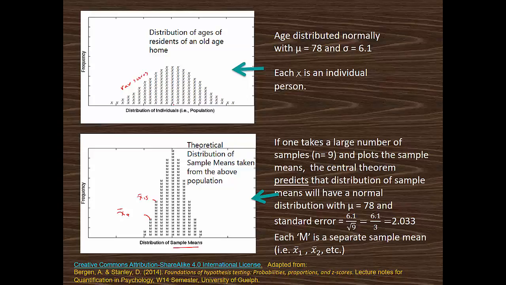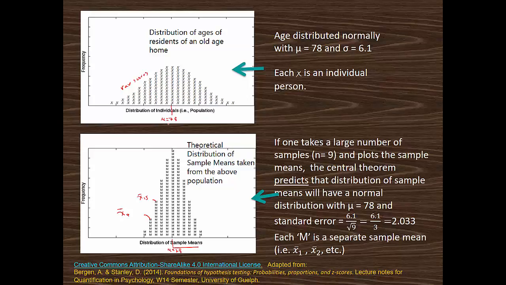And the population mean here is 78. And the population mean here would also be 78. That's what the central limit theorem has shown. Well, the central limit theorem works, and that's what it says.